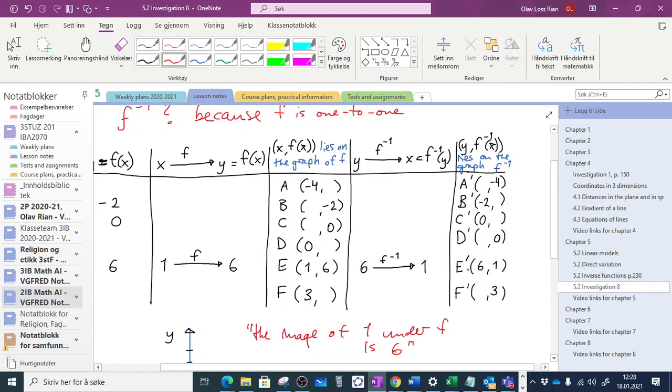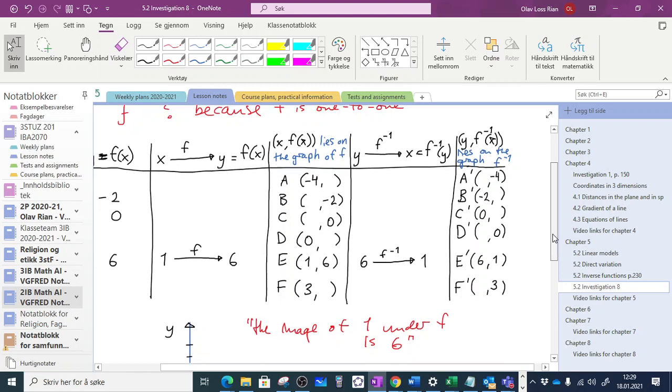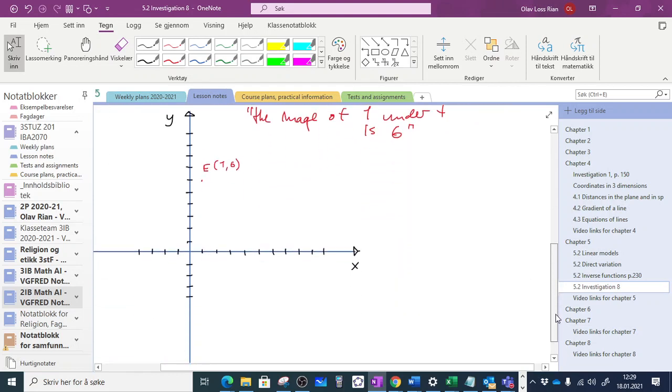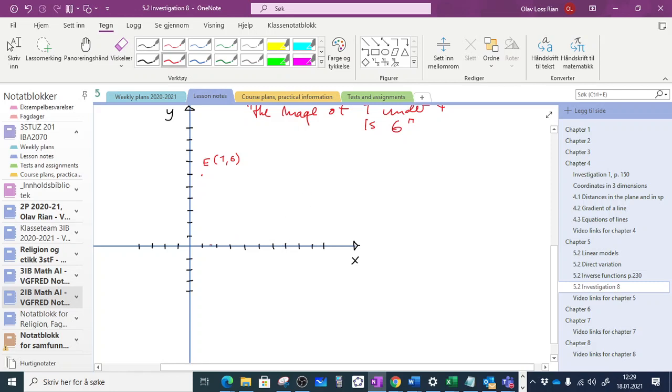So this is the inverse function, and we can plot this point. So we can read this as E marked. It's not the same point as E, but it has something to do with E. And it has the coordinates 6 and 1. So we'll plot that 1, 2, 3, 4, 5, 6, and 1. So this is the point E marked 6, 1.